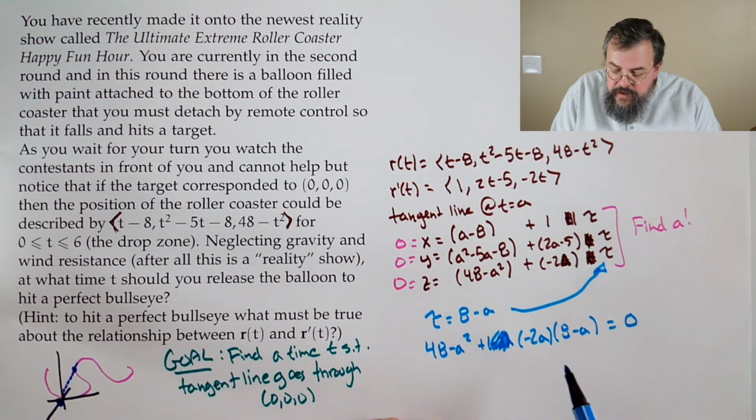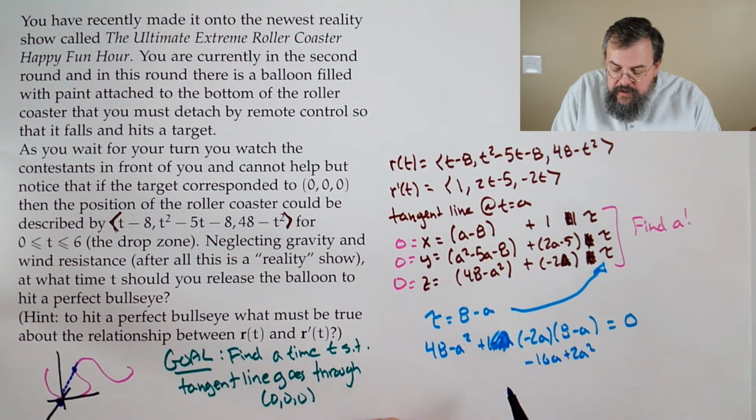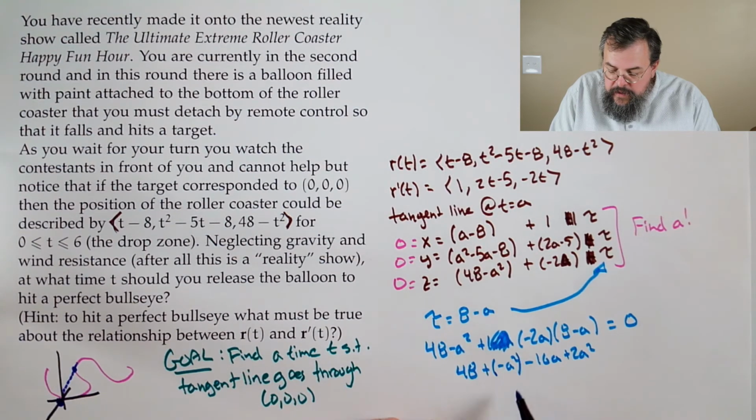If you multiply that out, that would be minus 16A plus 2A squared, then a minus A squared and a plus 48. We combine, equals 0. That becomes A squared minus 16A plus 48 equals 0.